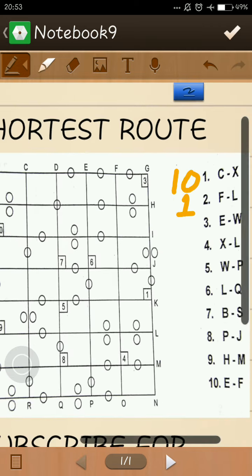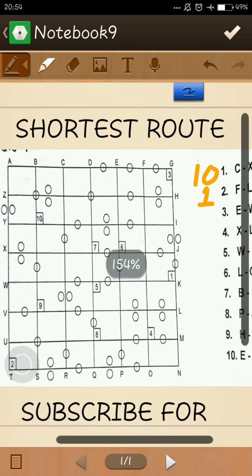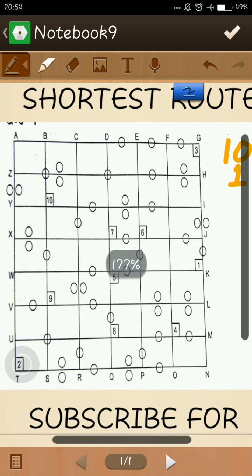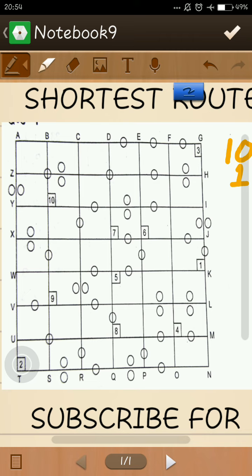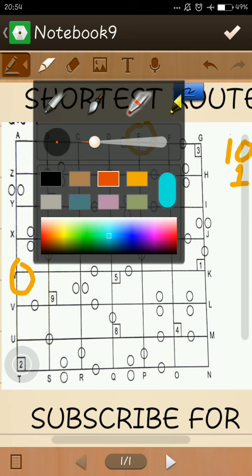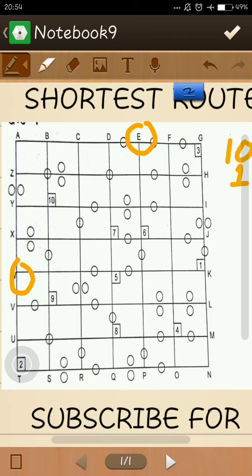Now comes the third question. This is E to W. Now see the 2 points E and W. E is here and W is here. So if I have to go from E to W, then I will have to choose one way. If you go from this place, then you can see that there is a barrier.